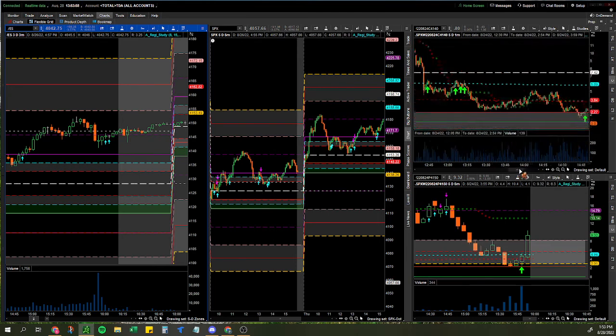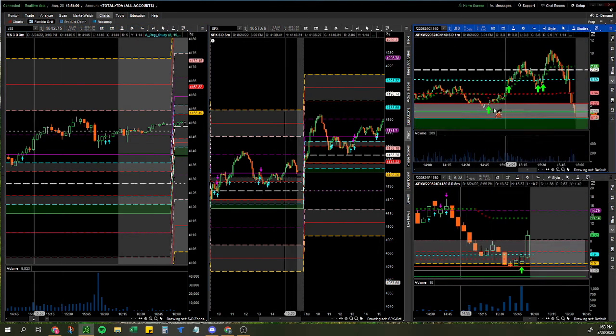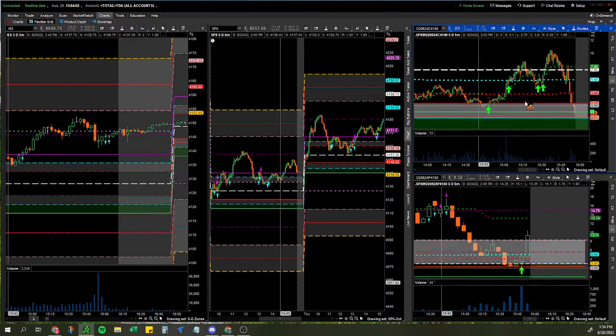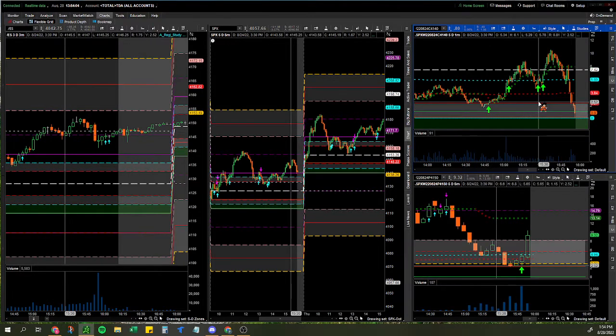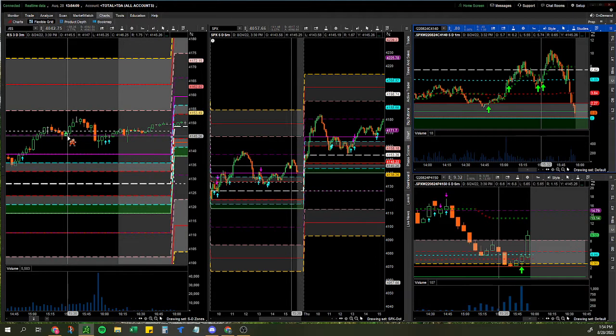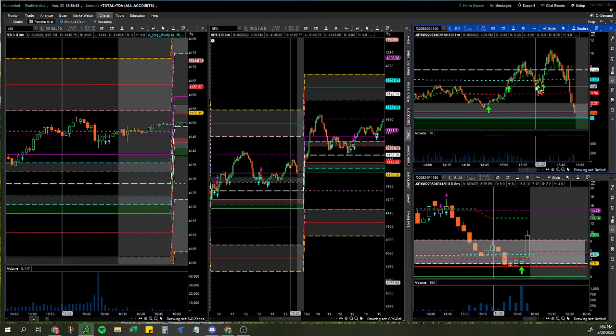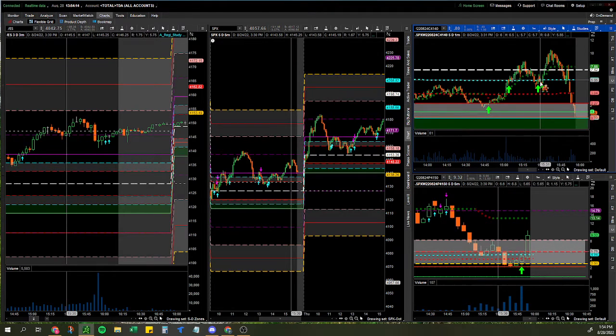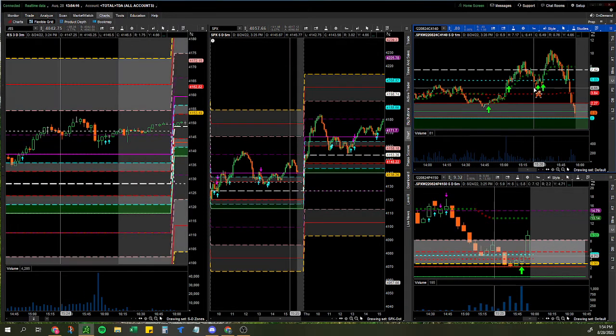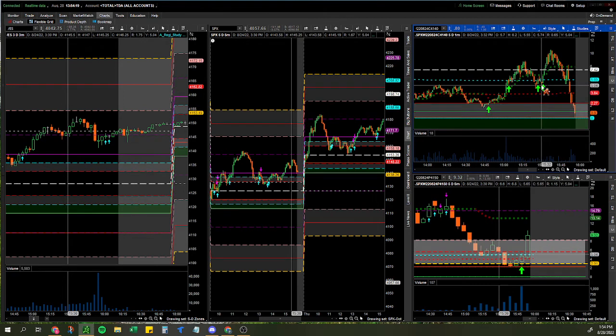Let's see these calls. Where's that? There, right about there. So when we had this pullback to the purple hash line, these contracts pulled back to Beast, started to get going, retested that low, making a double bottom.